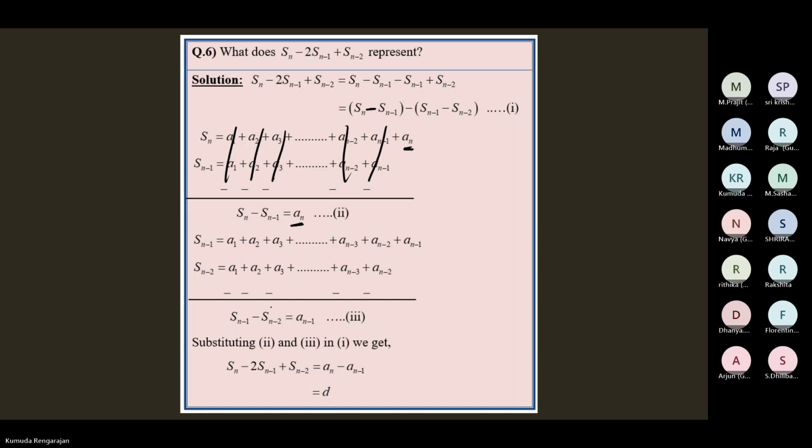Then write this one from A1 to An minus 1. Then write this one from A1 to An minus 2. Then you need to subtract. So in the bottom row, change the signs, minus, minus, minus. So A1 minus A1 cancels, A2 minus A2 cancels, and so on.